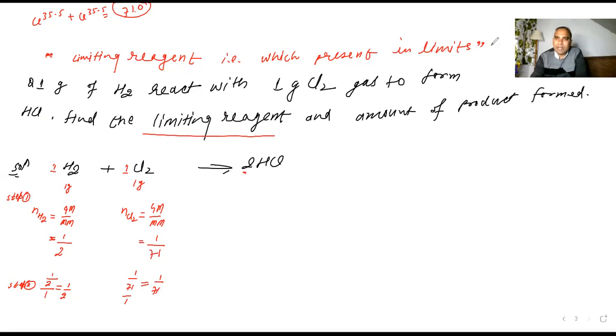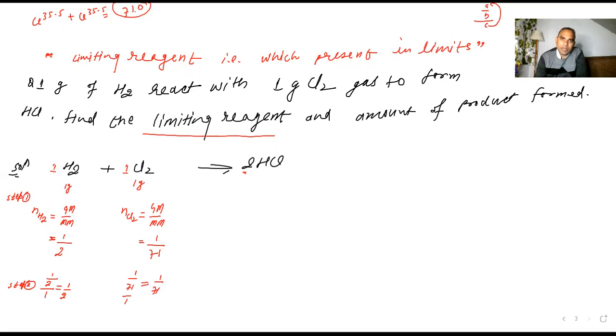It is simple mathematics: a by b, total divided by c, means that c has to go with the bottom, so 1 goes on the top. So 1 by 2 and 1 by 71 will come. Which is the smallest, 1 by 2 or 1 by 71? 1 by 71.